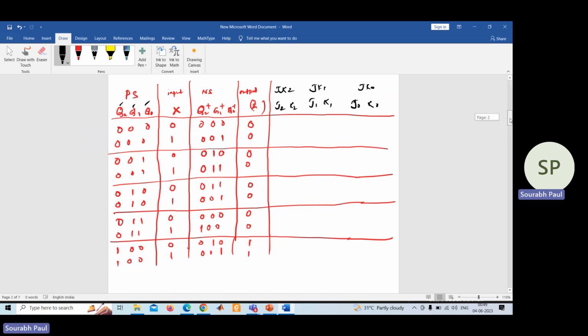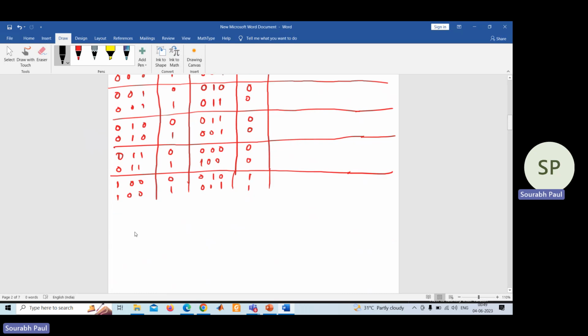Now how to identify their values? You need to use the excitation table. If you can remember, what is the excitation table of JK flip-flop? Suppose you have the present state Q and the next state Q plus; what should be the J and K values for the different combinations of present state and next state? So 00 gives 0x, 01 gives 1x, 10 gives x1, 11 gives x0.